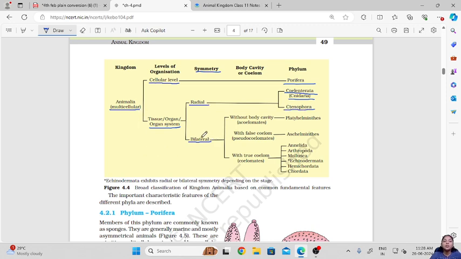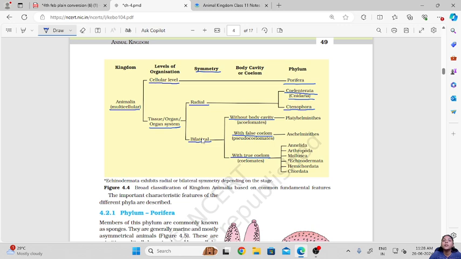Then in bilateral symmetry, this category is further divided into three types, that is based on the body cavity or the coelom. So the first one is without body cavity, that is the acoelomates. Then with false coelom or false body cavity, that is pseudocoelomates, and then the third one is with true cavity or true coelom, that is the coelomates.